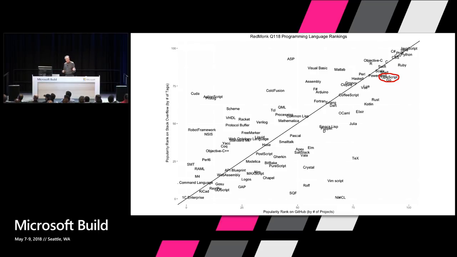In fact, one interesting statistic that someone told me was that last year there were more repositories created on GitHub with TypeScript as the language than there were C++ repositories created on GitHub. So we've inched into the big leagues, which is great to see.